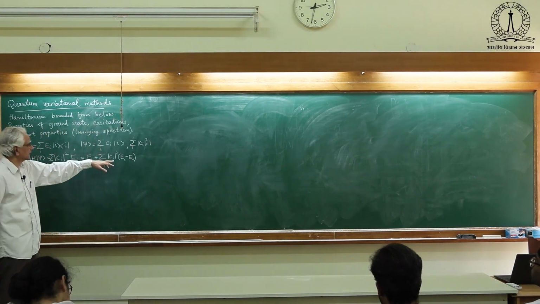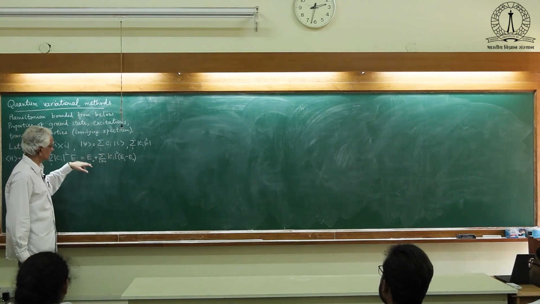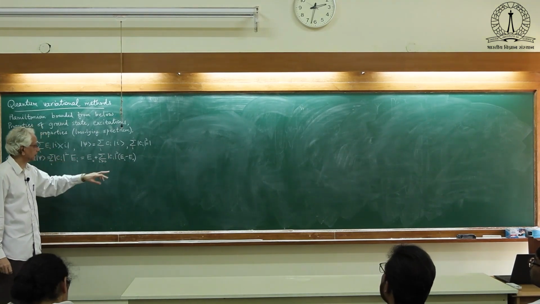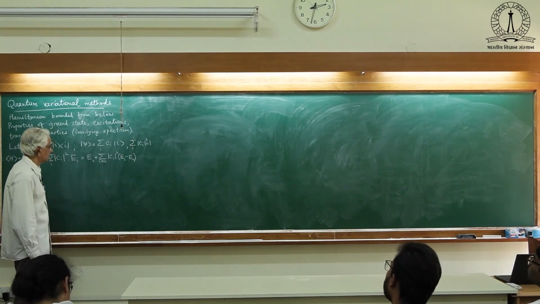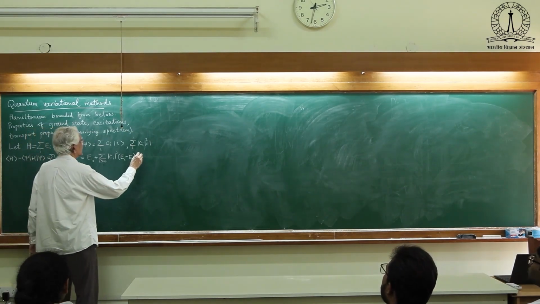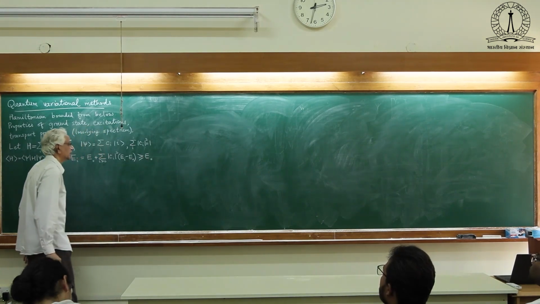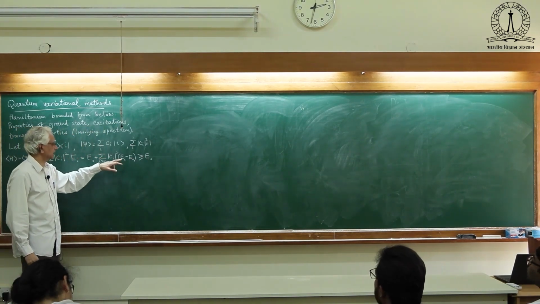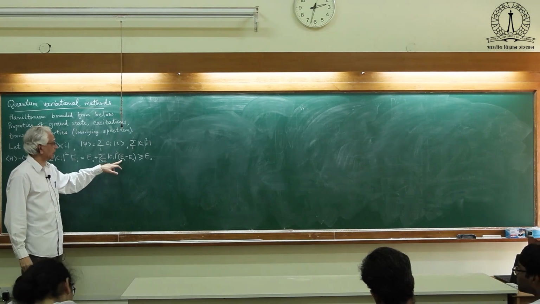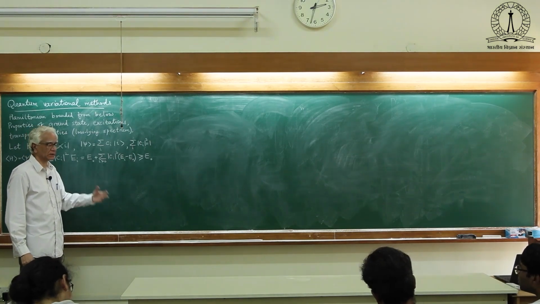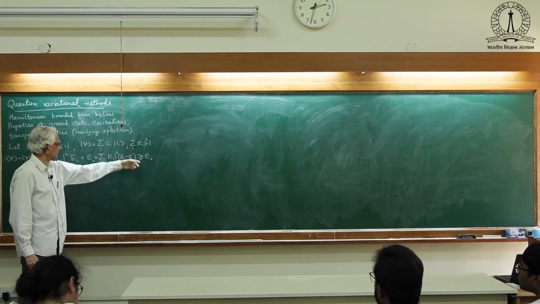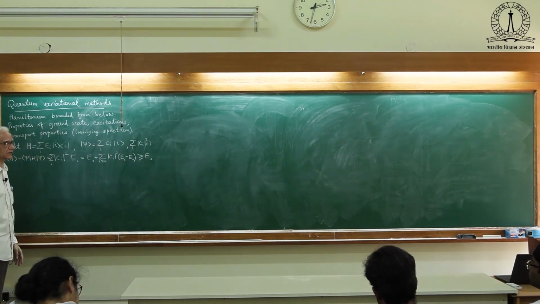So I can take out all the Ci squared and put it over here, and then I can write it as a difference, and the trivial result which appears at the ground state, this is all higher states, so Ei minus E0 is always positive, and you have a strict inequality.